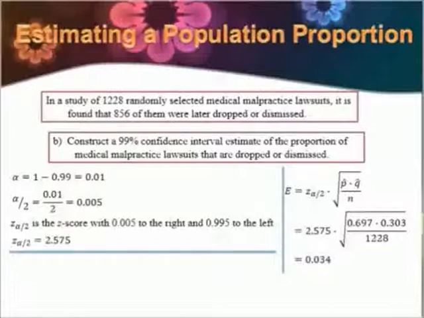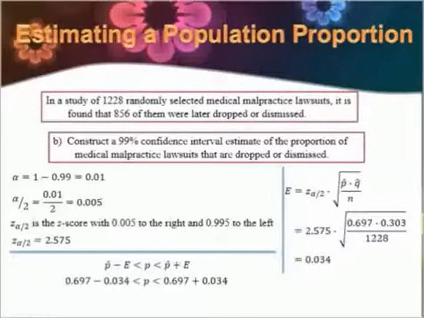Finally, we'll construct the interval by taking our sample proportion and subtracting the margin of error for our lower estimate, and then also taking our sample proportion and adding the margin of error for our upper estimate. So we get an estimate that the proportion of medical malpractice lawsuits that are dropped or dismissed is between 0.663 and 0.731.